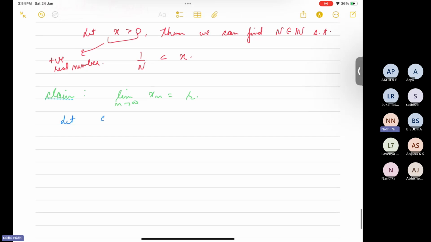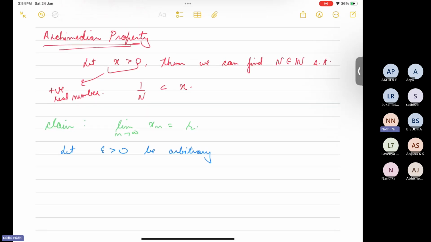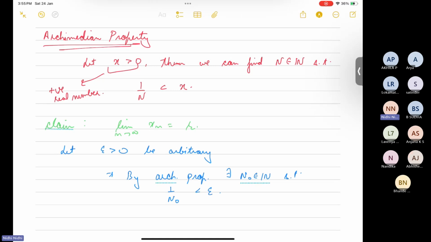Now let epsilon positive be arbitrary. Now we need to show that there exists a stage such that after that mod xn minus r is strictly less than epsilon. Since epsilon is a positive real number, then by the Archimedean property, we can find a natural number, I call it n naught, such that 1 by n naught is strictly less than epsilon.